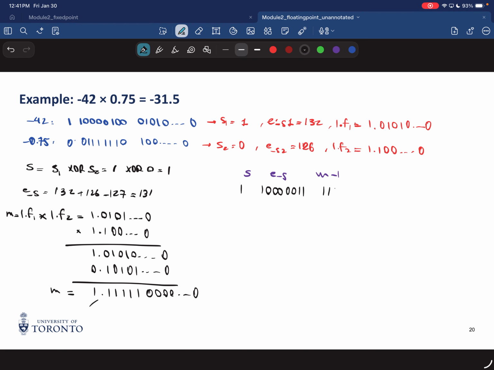I'm only keeping the fraction part. So this is going to be the result. Okay? And you can confirm and see if you can convert this back and see if it's minus 31.5 or not. Hopefully it is.